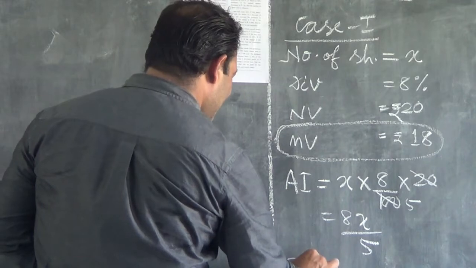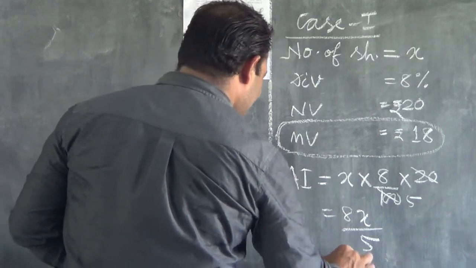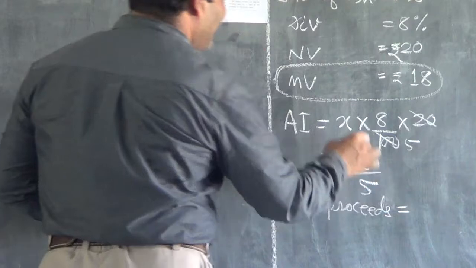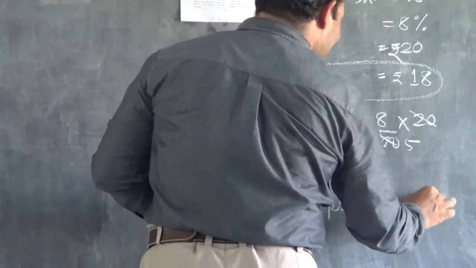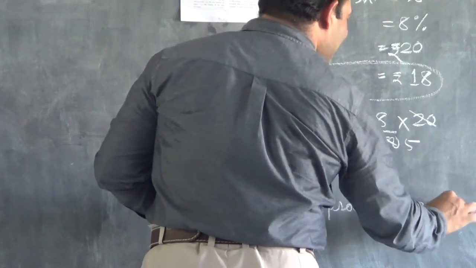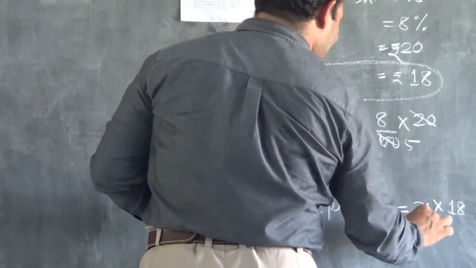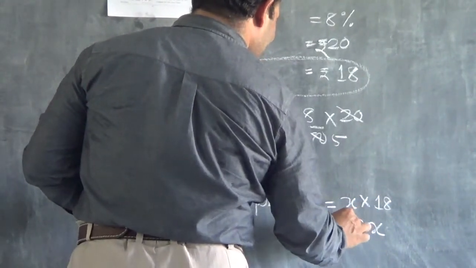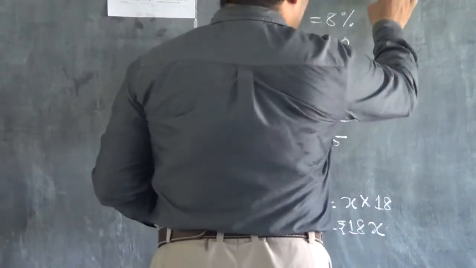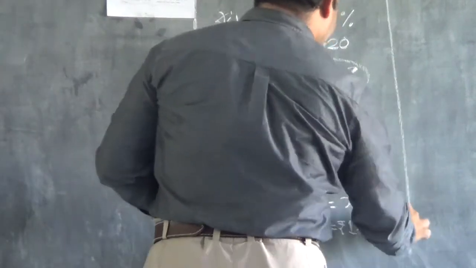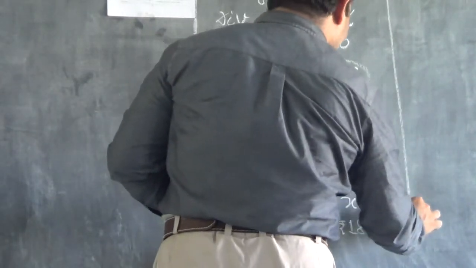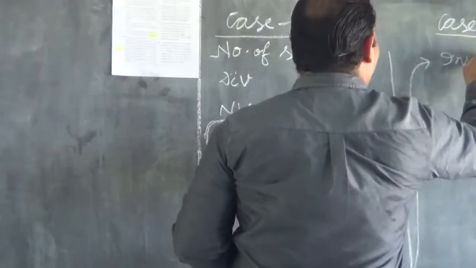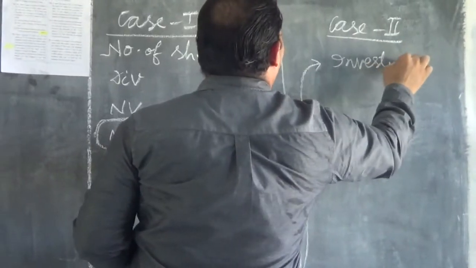Now sale proceeds. He sold the shares. How many shares? X shares. At what price? 18 rupees per share. So 18x rupees. This is the sale proceeds. And he took this money and went to another company and invested this money here.